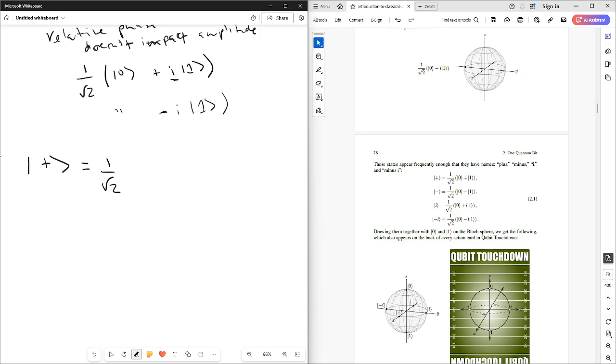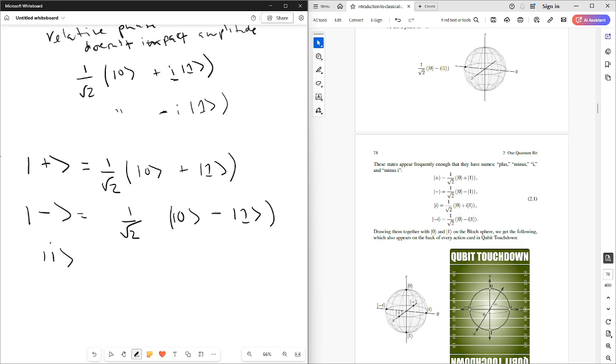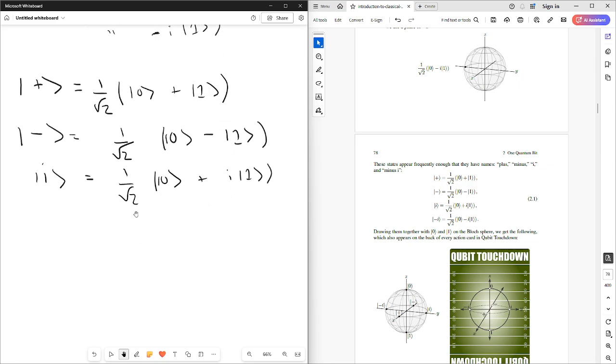So that's our 1 over square root of 2, ket 0, ket 1, the minus, 1 over square root of 2, and the i state, which just gets us to the tip of the positive y-axis, and then the minus i.